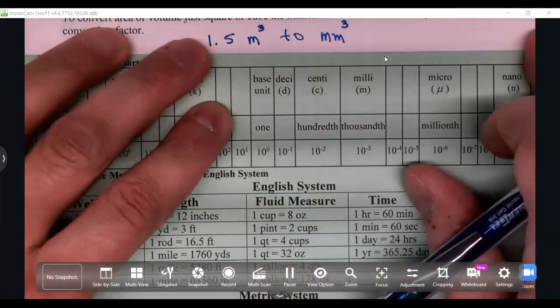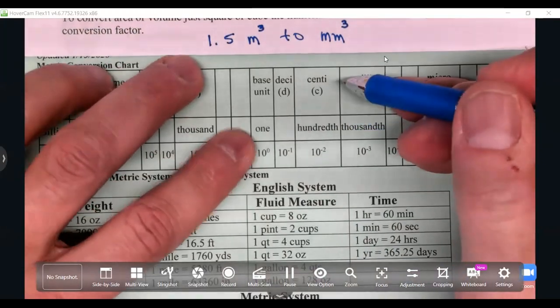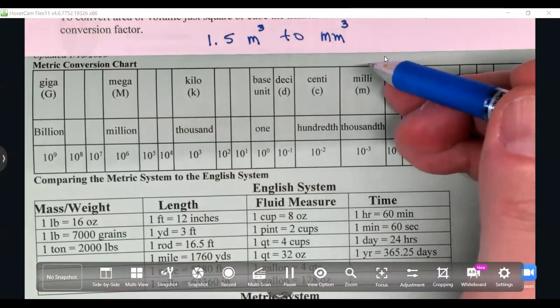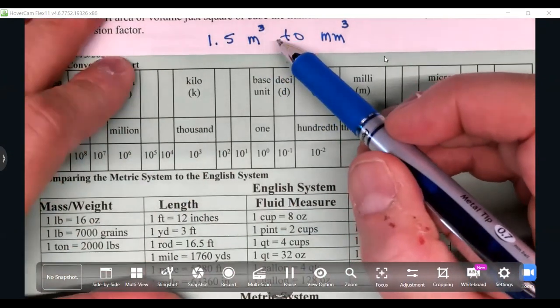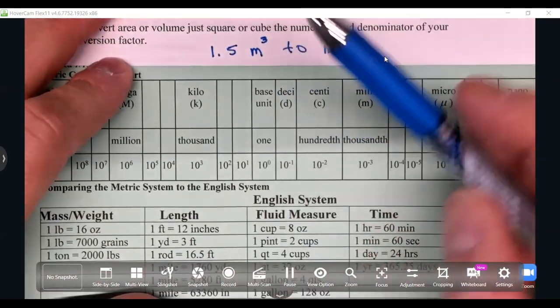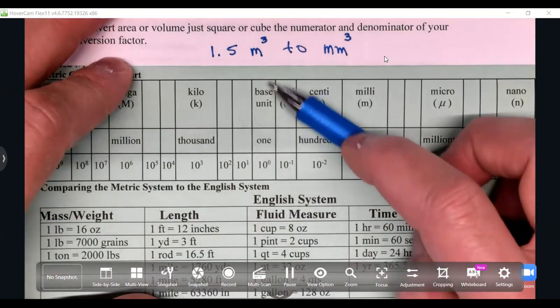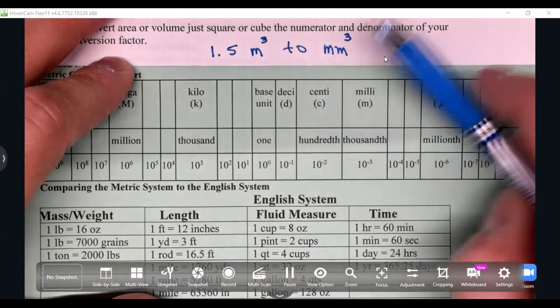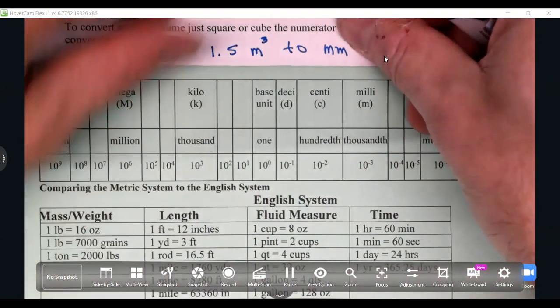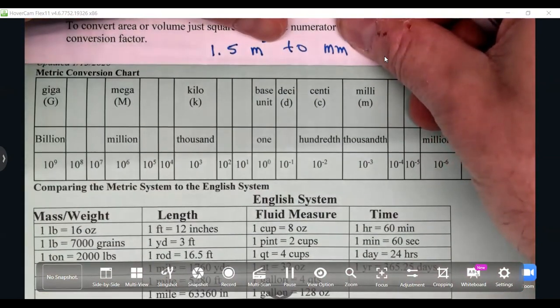Now, here's how this would work. In the metric system, this meters cubed is my base, right? This is my base. I want to go to millimeters. Just forget the threes. If I want to go 1.5 meters to millimeters, I need to go to the right.